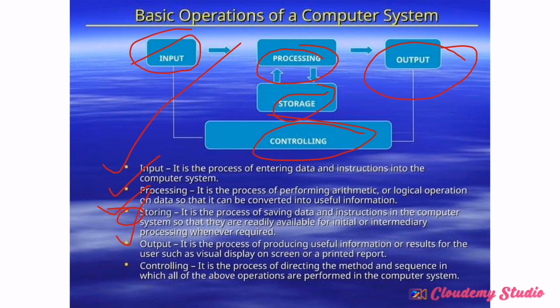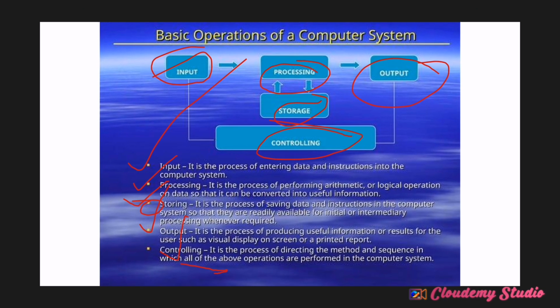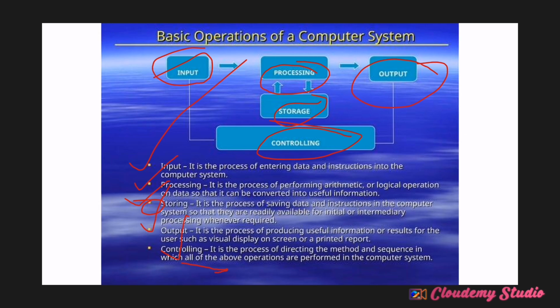So let's proceed, please. Then the last one is what we call controlling. Controlling is the process of directing the method and sequence in which all the other operations are performed in the computer system.